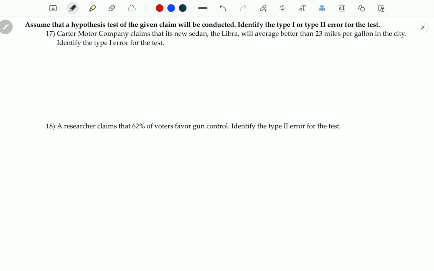The definition of a type 1 error is as follows. Reject the null hypothesis when the null hypothesis is true. And I'm using symbolic form for the null hypothesis. So let's write out our null hypothesis. The null hypothesis states that there is no difference between a parameter and a specific value that represents a parameter.